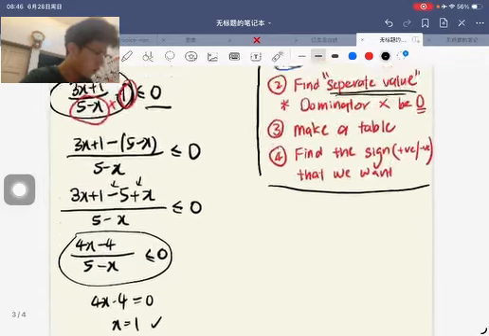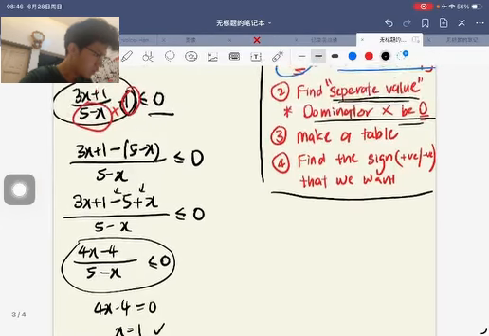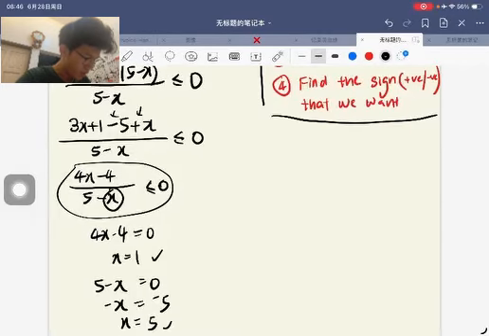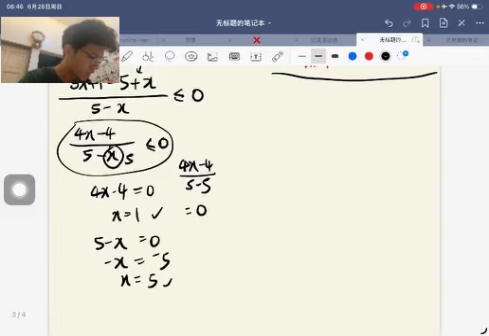And then for this denominator, x cannot become 0, because you see this x. When your x is 5, now you see 4x minus 4 is over 5 minus 5 which is 0. So how do you think the equation will be like?